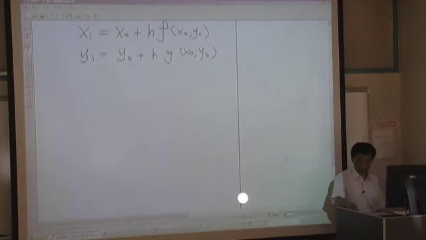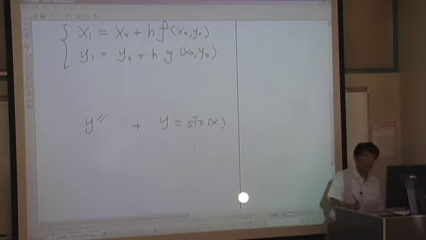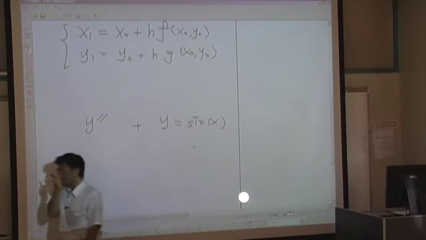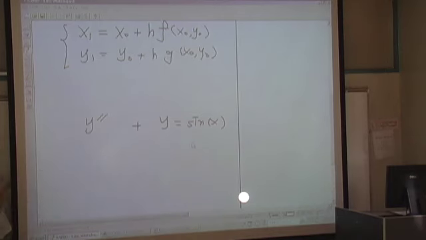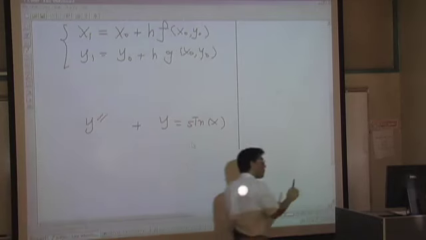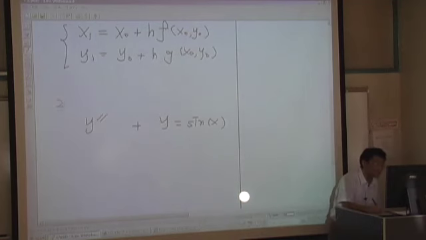Some computer scientist came to me and asked a question: can you solve this numerically? I said yes. How? I said by using the technique that I mentioned upstairs, by using a system of first order equations. A second order differential equation cannot be directly solved.